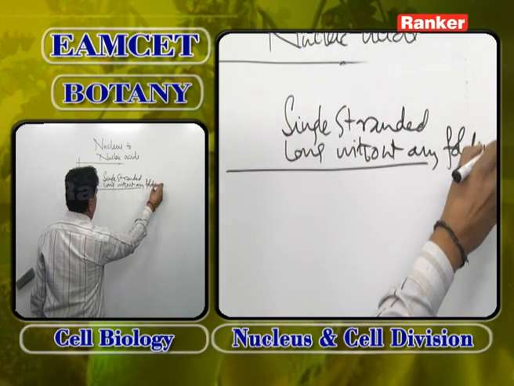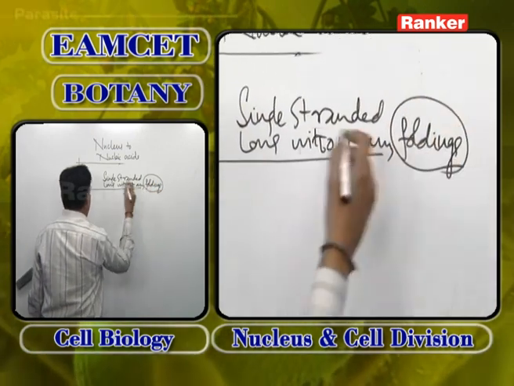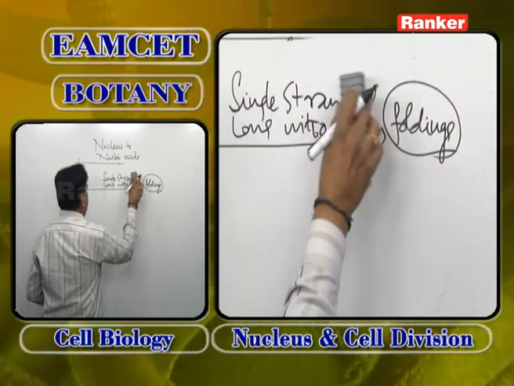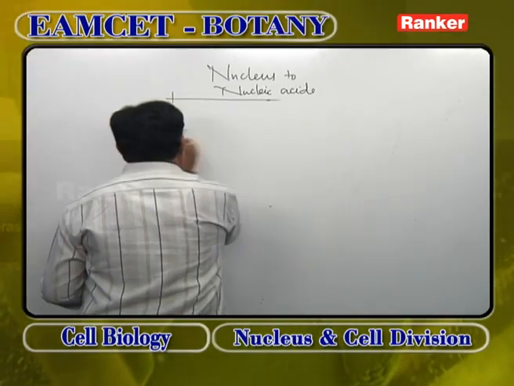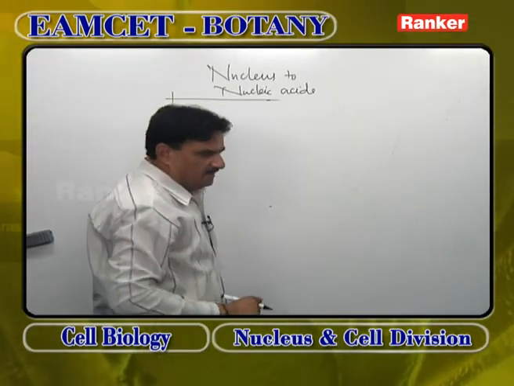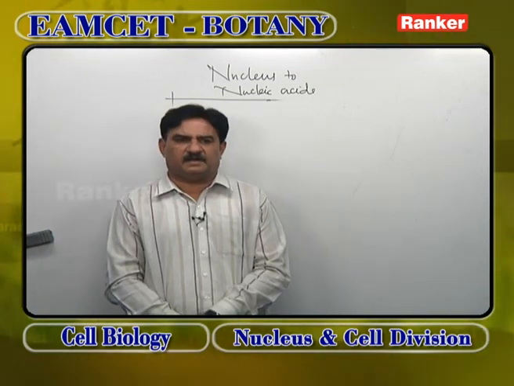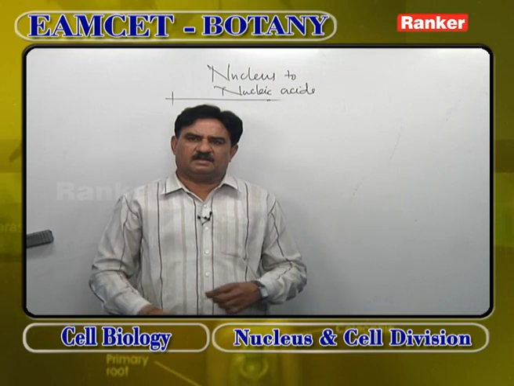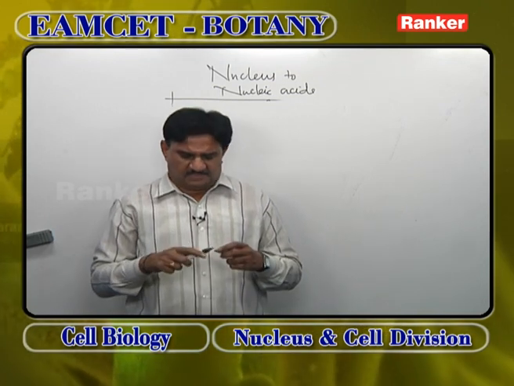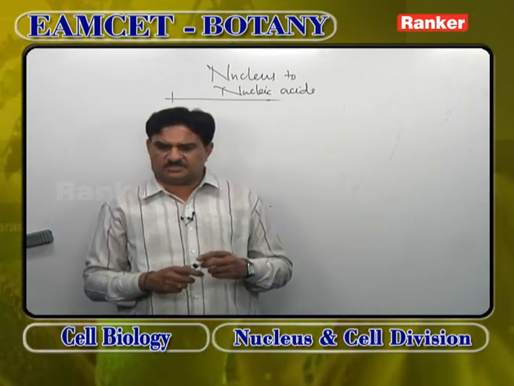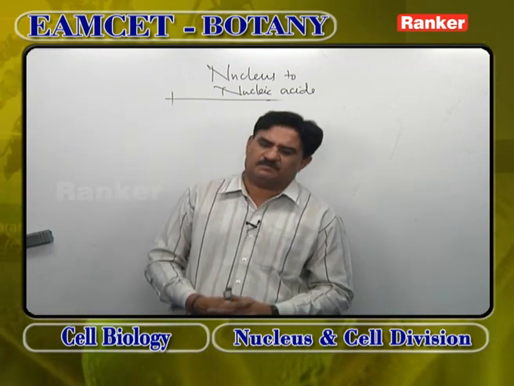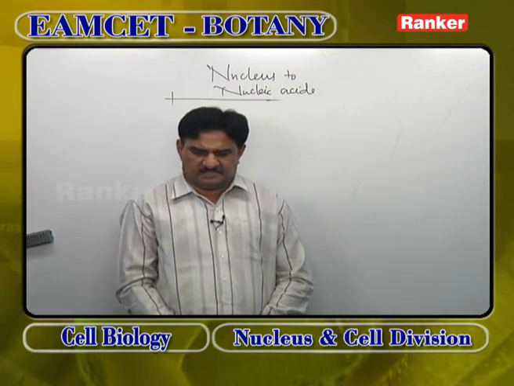Nowhere in mRNA will you find foldings. Whenever foldings are not seen, there is no question of formation of hydrogen bonds. It is very popularly called a long linear strand of RNA, which does not show any overlappings or foldings. So that is correct.